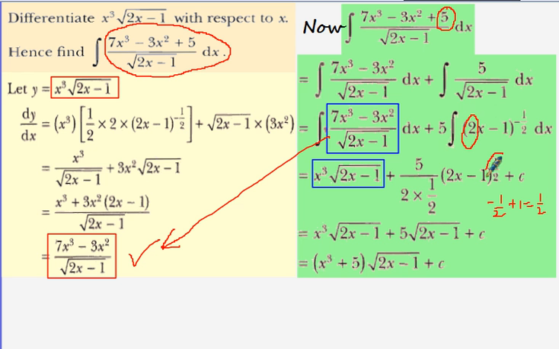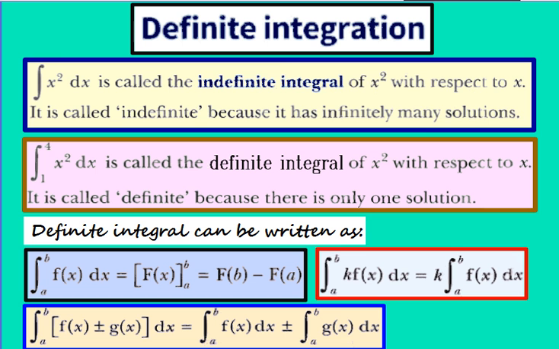So this positive half has become the degree, and the same has become the denominator, and this 2 has come here, so 2 and 2 got cancelled, and you got this answer. You can pause the video and focus more, because if I explain each and every step, then the video will become lengthy. Definite integration.